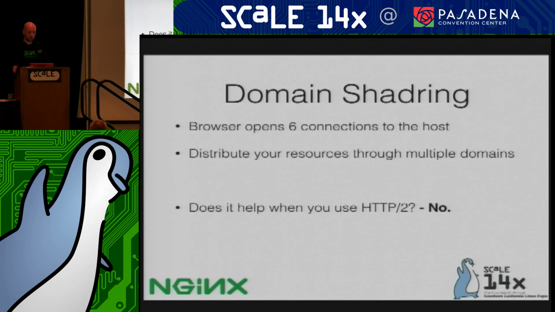All right. So basically what we're doing with domain sharding is distributing the resources across multiple domains, and we're making the browser download those resources at the same time. So you already see that it doesn't help with HTTP2. It does not, because opening multiple connections and messing up with HTTP2 priorities is not going to be as intelligent on the network level as it's going to be on the browser prioritization level.